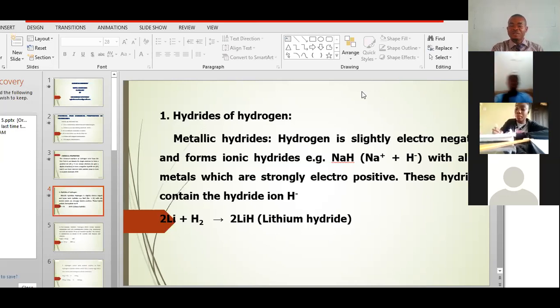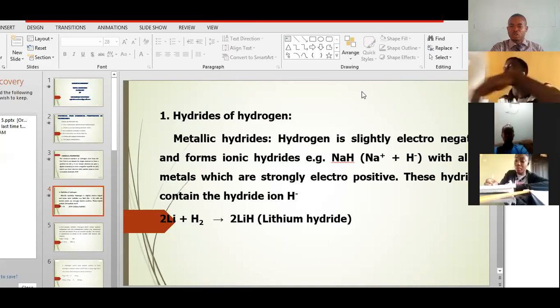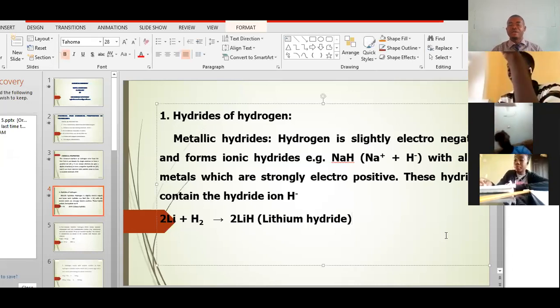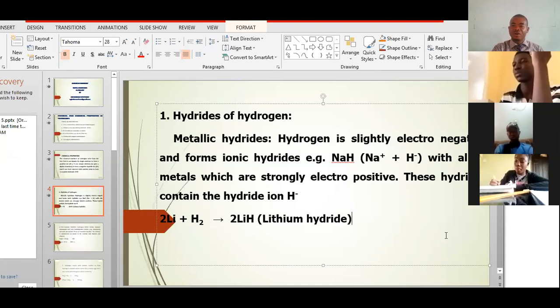And the hydrogen that just needs one electron to attain the duplex structure will accept it. And it will become a hydride of that element. E.g., we use sodium from group 1 elements. Sodium ion reacts with hydrogen ion to produce sodium hydride.